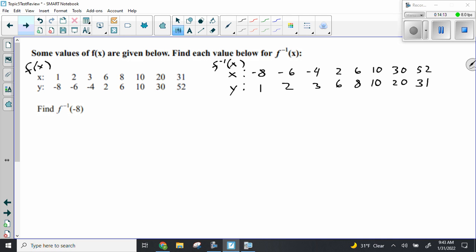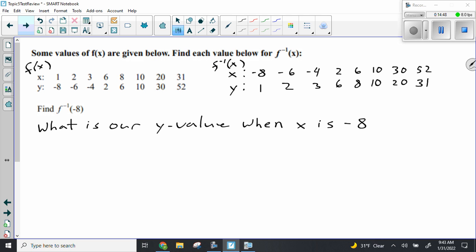Just flipping or reversing all of our x and y values, right? The input becomes the output, and the output becomes the input. So if I want to find f inverse of -8, right? What this is asking me is what is our y value when x is -8?